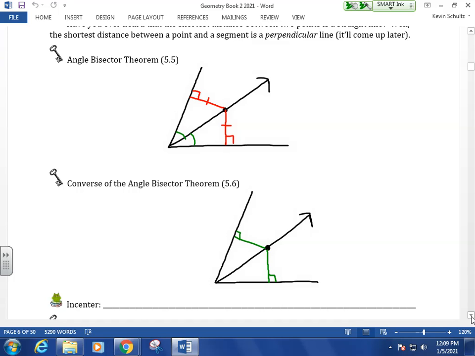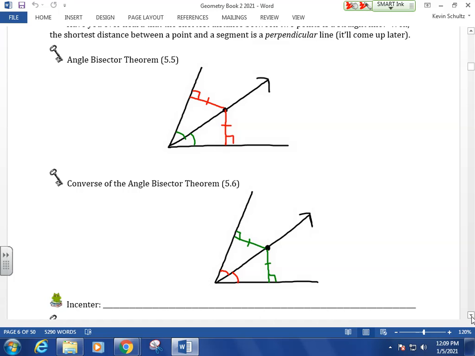Okay, that's what we know. Put our markings in there as well. Therefore, what we can conclude is that because that relationship exists, it is an angle bisector, and our two angles that are formed are congruent.